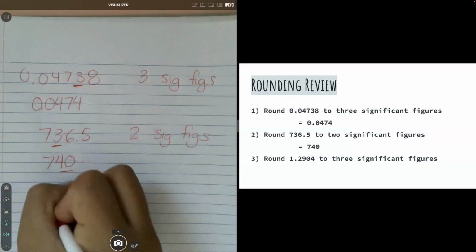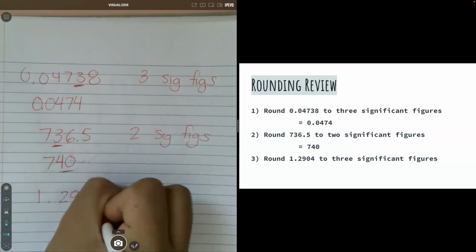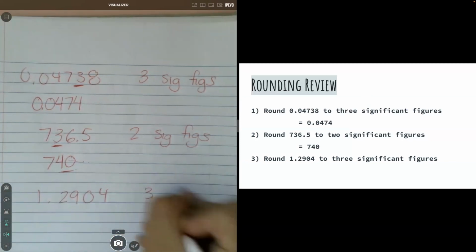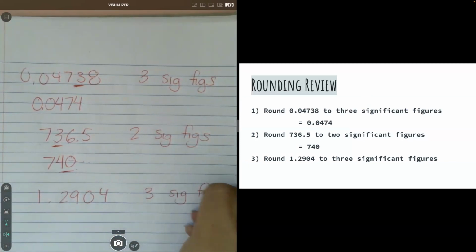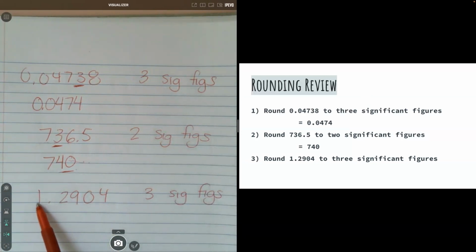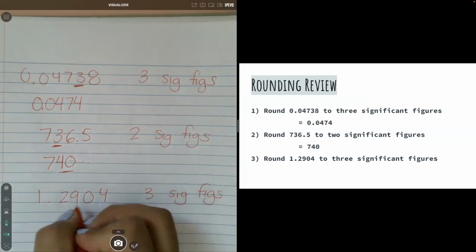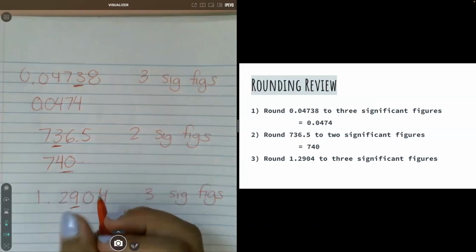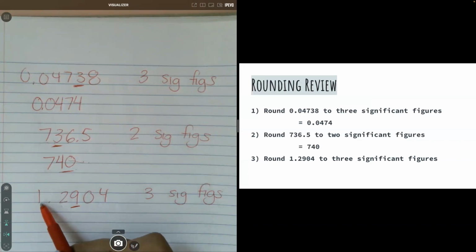Number 3, 1.2904 to 3 significant figures. Here again, we start on the left. This is our first significant figure. This is our second significant figure. And the 9 is our third significant figure. So these are all non-zero numbers.